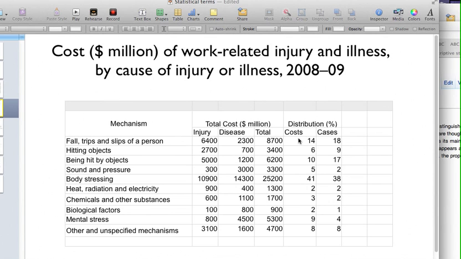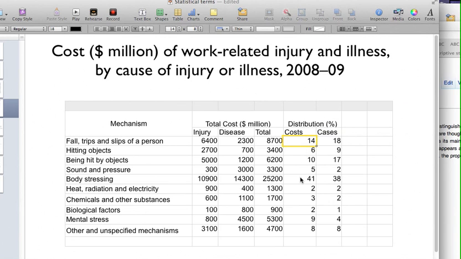We could talk about what the totals are of that whole lot. We could look at the percentage of costs. We could say, what is the percentage cost of, in fact some of it's already here, falls, slips to a person, 14%. The cost amounts to 14% of the total cost of injury and illness, injury and disease over the time, which is pretty big, right?